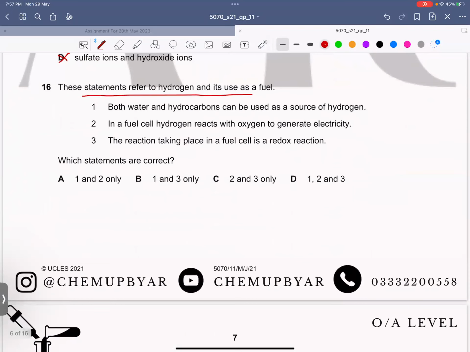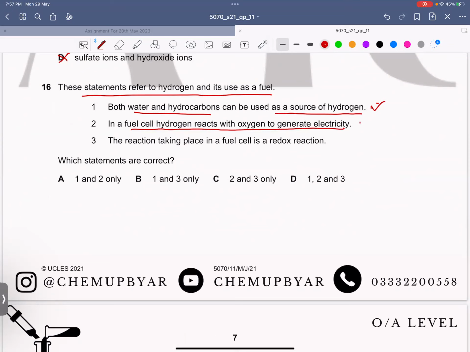Okay, so now 16. These statements refer to hydrogen and its use as a fuel. Both water and hydrocarbon can be used as a source of hydrogen. Yes, because water on electrolyzing produces hydrogen and hydrocarbon on cracking can produce hydrogen. In a fuel cell, hydrogen reacts with oxygen to generate electricity. Yes, that's what is happening.